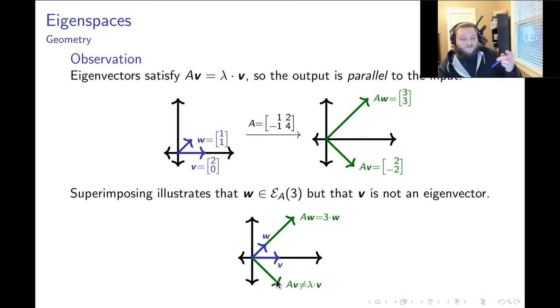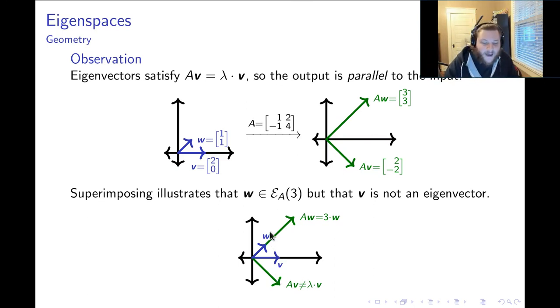Well, here I get a visual indicator that A times V is not parallel to V. I sorted that myself algebraically up top here, but by superimposing these images, I can just look at the input and the output and see that they're not parallel. That tells me that V is not an eigenvector of A.